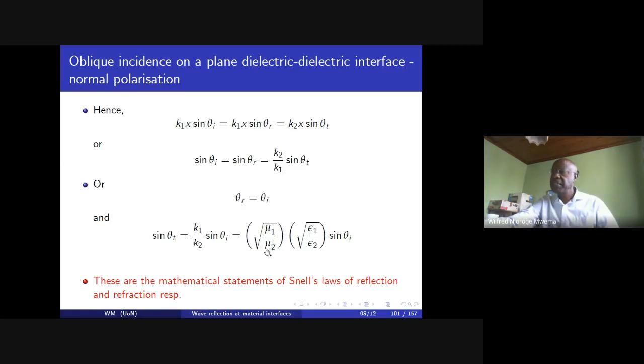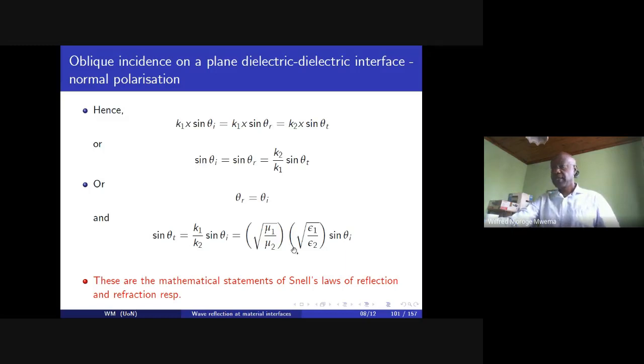And this equation here, usually for non-magnetic materials, mu1 and mu2 will be equal, and we'll just be left with that. And the square root of the dielectric constant is usually called the refractive index, and therefore we are just, in the normal way you met it in physics, sine theta T is equal to n1 by n2 multiplied by sine theta I. That is the refractive index of medium 1 divided by the refractive index of medium 2 multiplied by the sine of the angle of incidence.